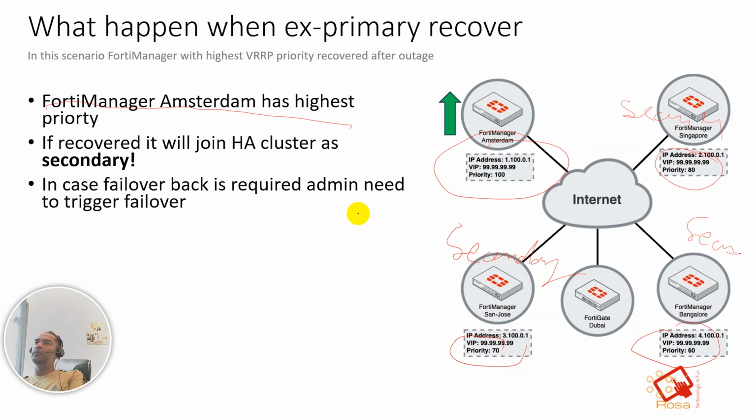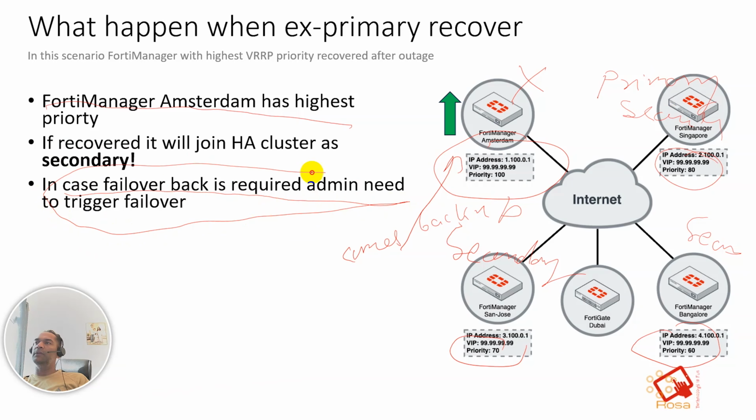In case failover back is required, the admin needs to trigger failover back. Let's say this goes down, then the next box, 70, 60, 80, will become the primary, and if this box comes back up, then you have to do the failover.